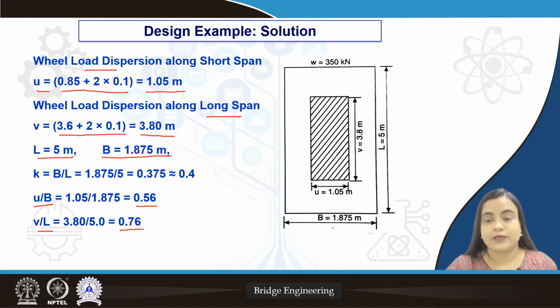In the diagram, you can see that the slab panel is shown having B equals 1.875 meter and L equals 5 meter, and the wheel load dispersion along short span direction U equals 1.05 meter and V equals 3.8 meter. V stands for the wheel load dispersion along the long span direction, and the dispersed area is shown in this diagram through the shaded area.